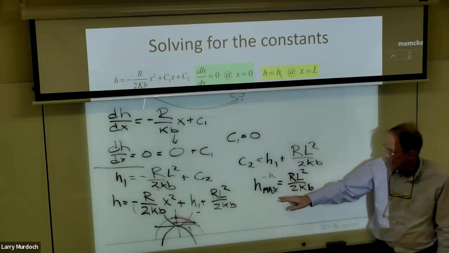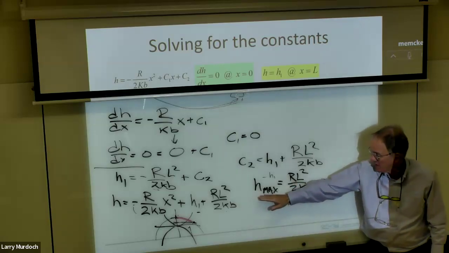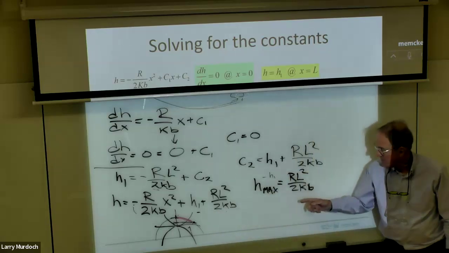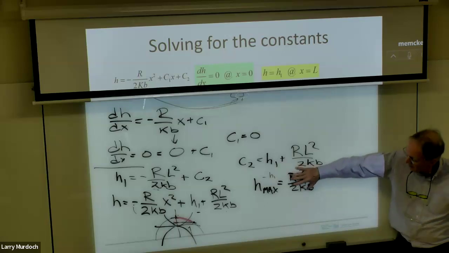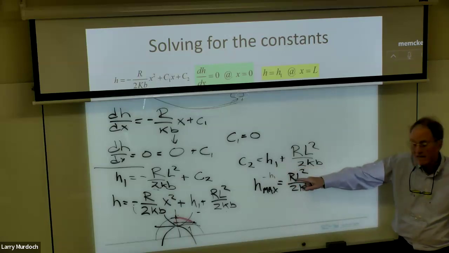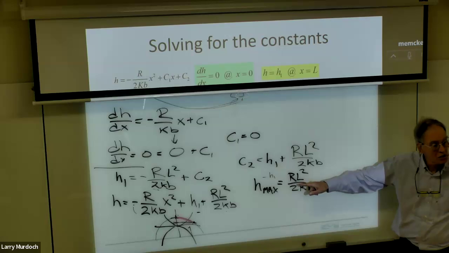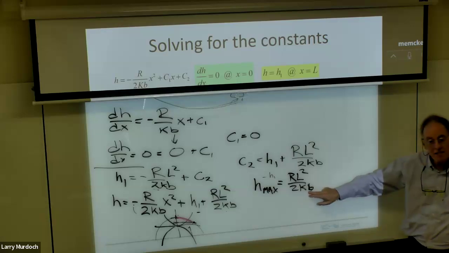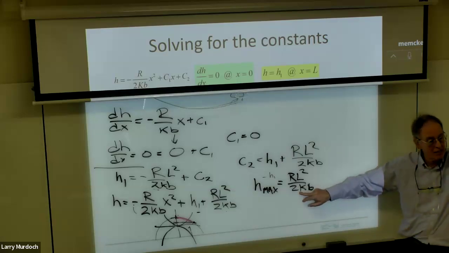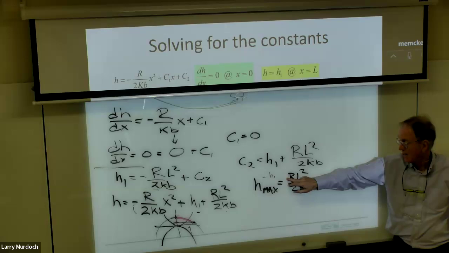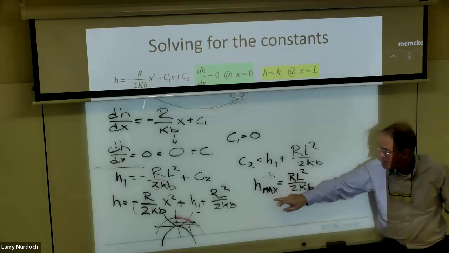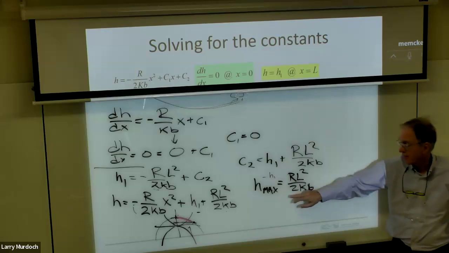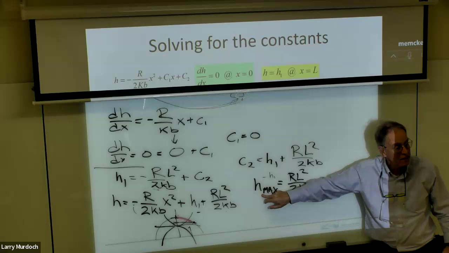So what that means is that the control on the maximum head here at the divide depends on both of these, but it really depends on the ratio. If we increase the recharge, we'll raise the head at the divide. But if we decrease the transmissivity, we'll also do the same thing. If we increase this by twice, we raise that by twice. If we cut this by 1/2, then we also raise that by twice.